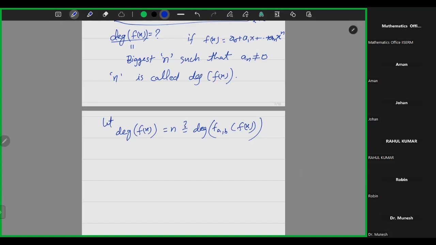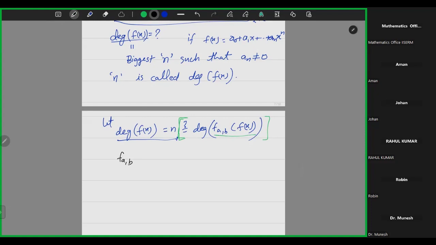This we want to show, whether it is equal or not. This is our question. How to do this? We'll calculate what is inside the polynomial, and we'll see something good.